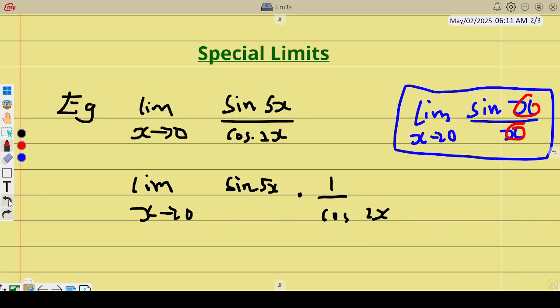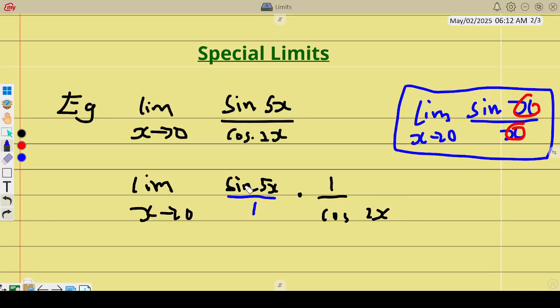Here I've separated the two. We can multiply back: 1 times this is the same thing, and cos 2x times here will be cos 2x. So this simply means that here we have an over 1. For cos there are no problems. We're just going to substitute 0 where there's x.